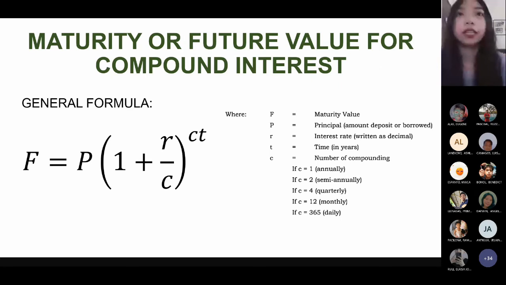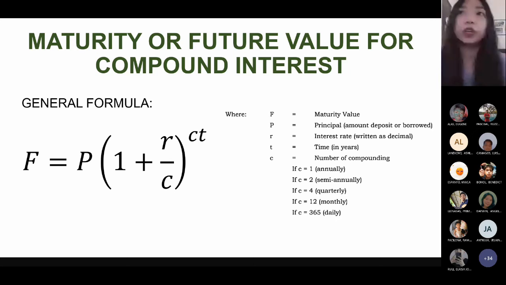Ayan. We also have this one. This is the compound interest formula for maturity or future value. So F that is equal to P times 1 plus R over C raised to CT. Components po dito ay halos the same lang dun sa mga inaral natin dun sa simple interest. So the F, that's still the maturity value.